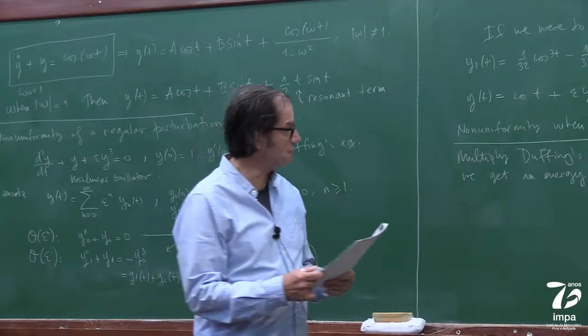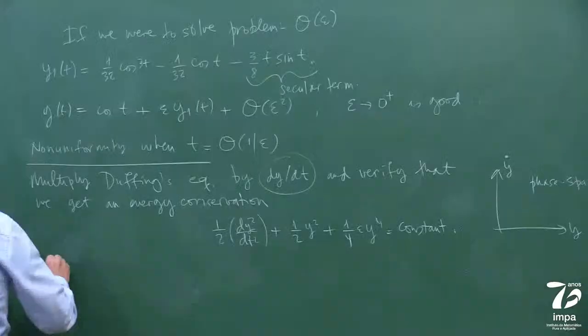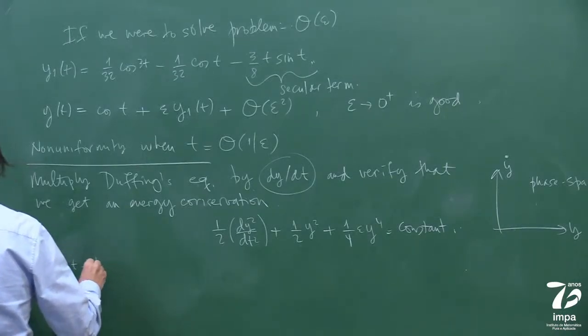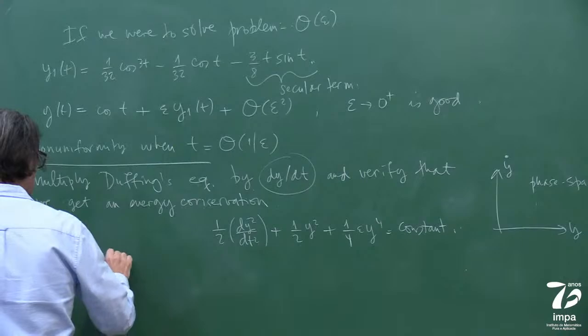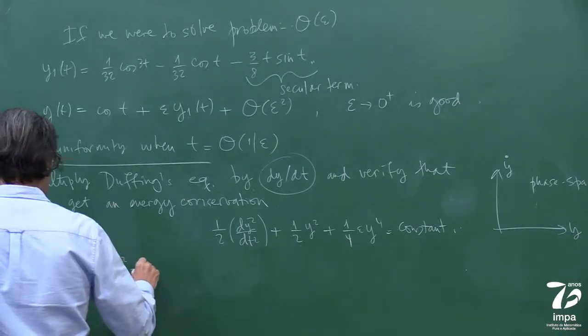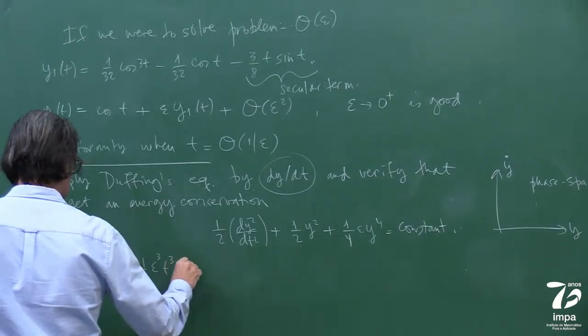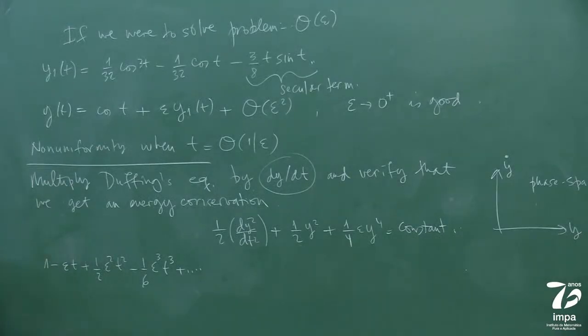So the book actually gives this example. If you see an expression like this, this is the way the book sort of motivates. It's a good motivation. If you see something like this, which is a good approximation also as epsilon is small, but you see that as t is order 1 over epsilon, this term becomes order 1, and this term becomes order 1 and so on.